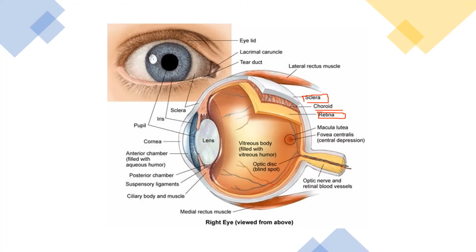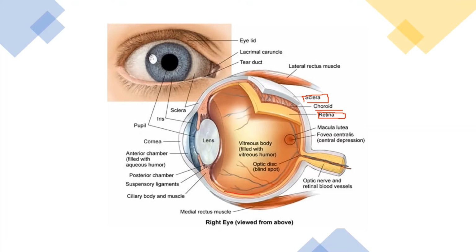So the retina here is really the layer that has a lot of the cells of the eye that help us collect light, okay? And if we damage the retina, which we'll go over here in a minute, like a detached retina, that's when we can really have some problems being able to see and collect some of that light.